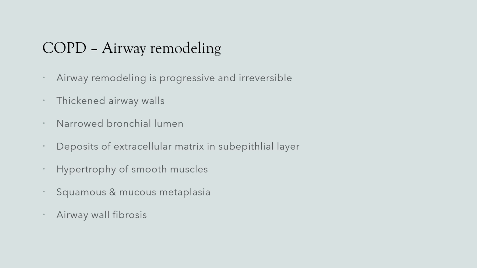Okay, the airway remodeling part of COPD, that airway change, it's progressive and it's not reversible. So those walls of your bronchial tubes become thickened. This narrows the bronchial lumen, so that pathway becomes narrow.